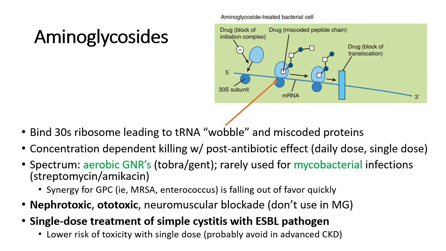And notably, the toxicity is lower with a single dose. I think everyone except for someone who may be borderline in need of dialysis can benefit from this. I think the risk of hospitalization and IV access for 5 to 7 days outweighs the risk of a single dose of aminoglycoside, so I feel comfortable doing this all the time.